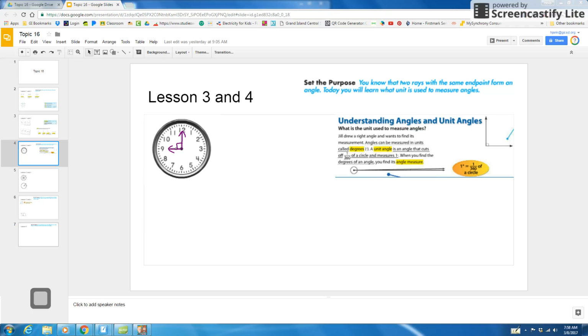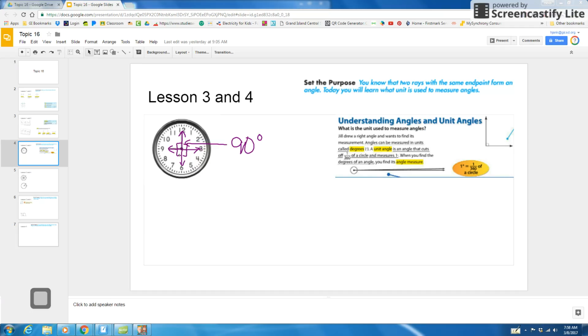If you look at it closely enough, this angle here is a 90-degree angle. It's a quarter of a circle. So I could have 4 of these angles if I draw my hands out, or the rays. We could have 4 90-degree angles.